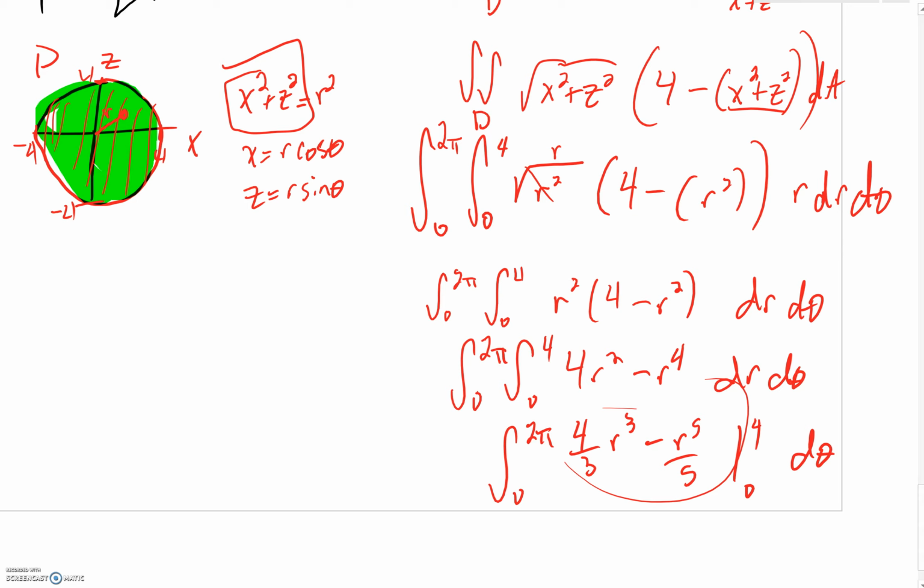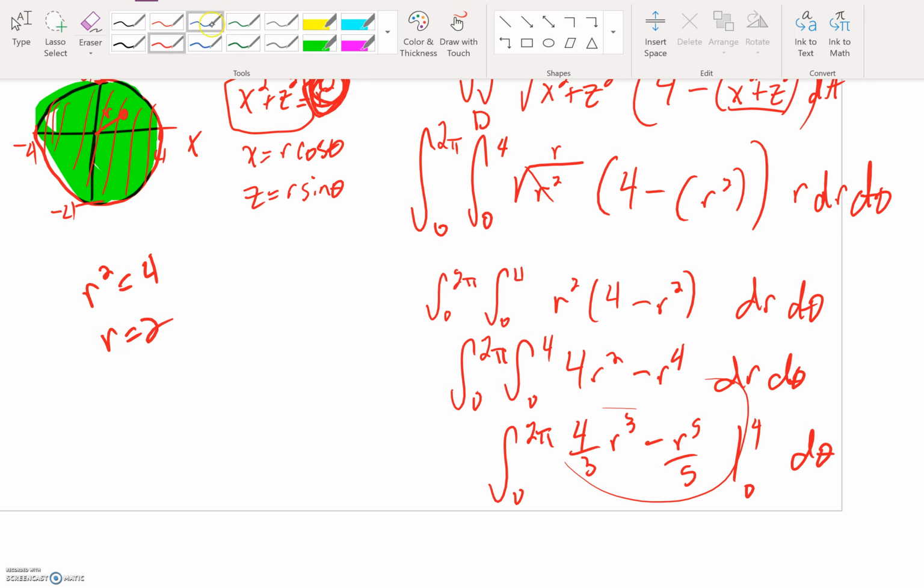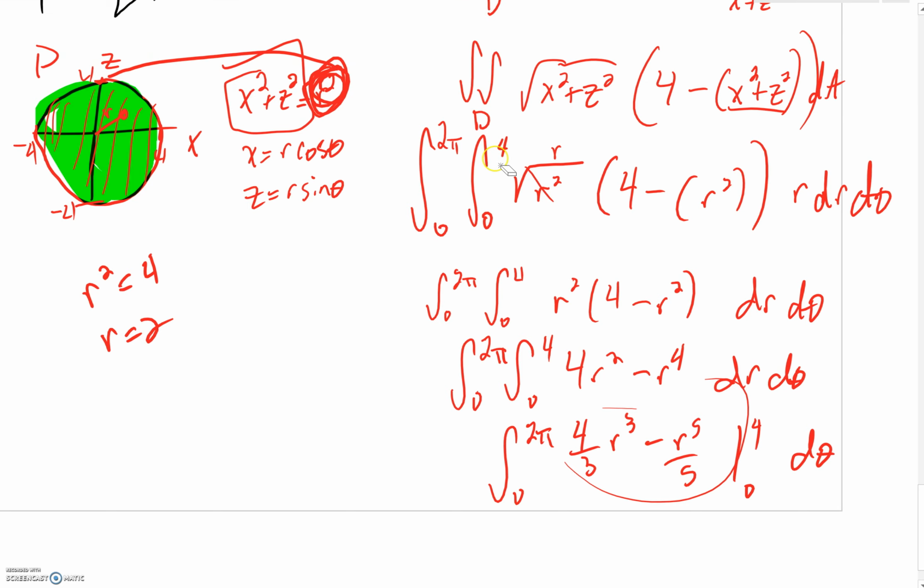By the way, pardon me, I just realized I made a little mistake. Maybe you've caught it too. R squared, if that's equal to 4, that means r is equal to 2. I am so very sorry. Let's fix that, please. It's really just a quick fix here.